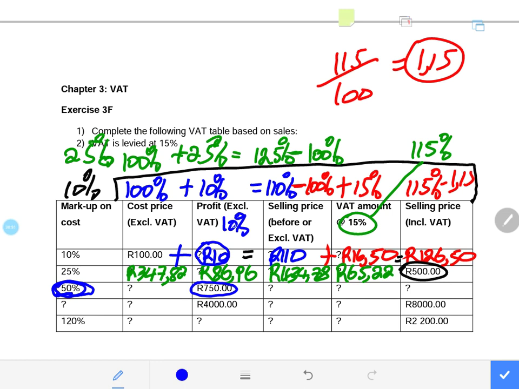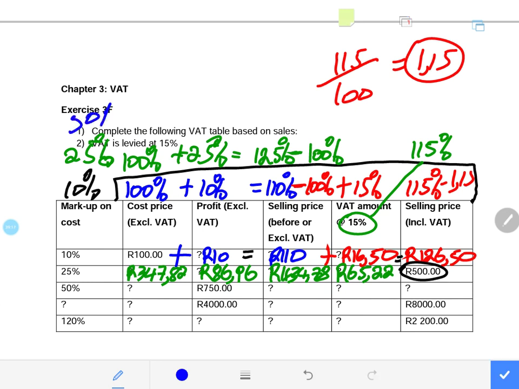So now we are moving upwards at 50%, and that will be 50% plus 100% because the cost price is 100%. Then in this column we are going to have 150%. This column will be out of 150%.